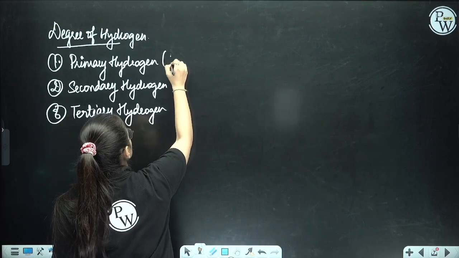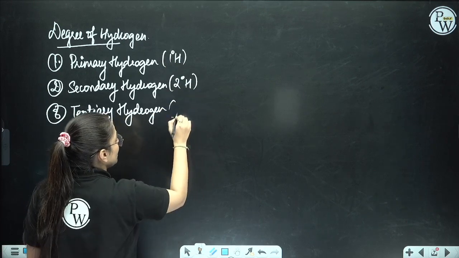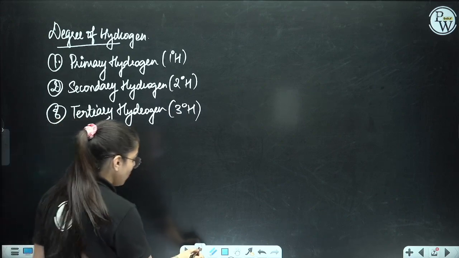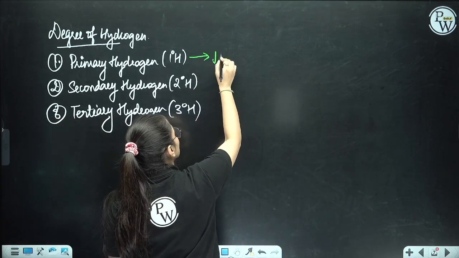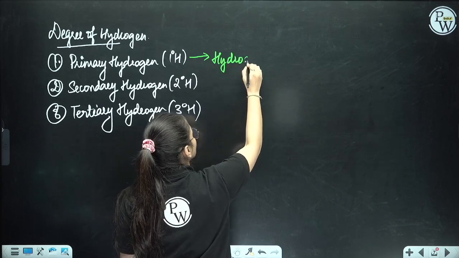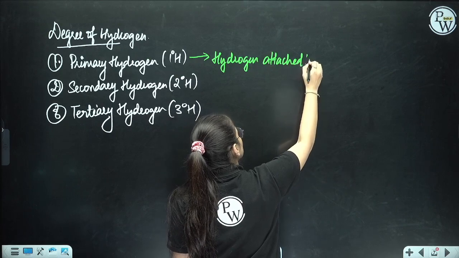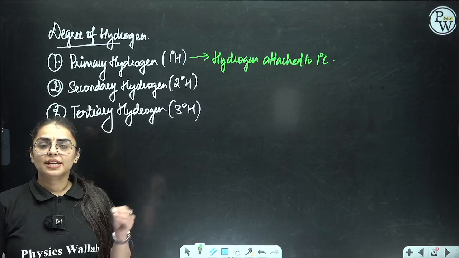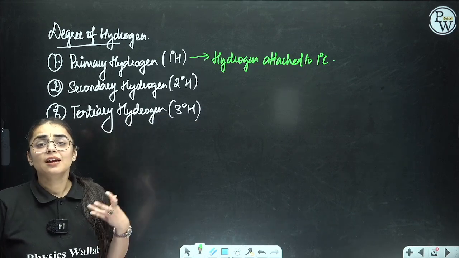Primary hydrogen is represented as 1 degree hydrogen, secondary hydrogen is represented as 2 degree hydrogen, and tertiary hydrogen is represented as 3 degree hydrogen. Now what are these? Let's understand them. Primary hydrogen is hydrogen attached to primary carbon. 1 degree hydrogen or primary hydrogen is the hydrogen that is attached to the primary carbon.